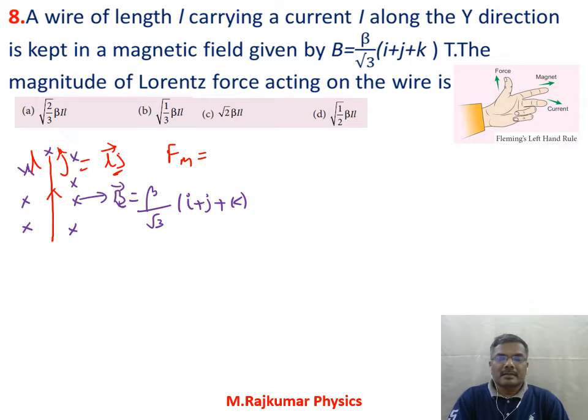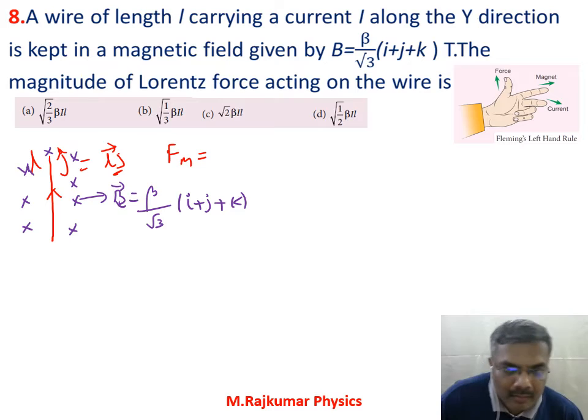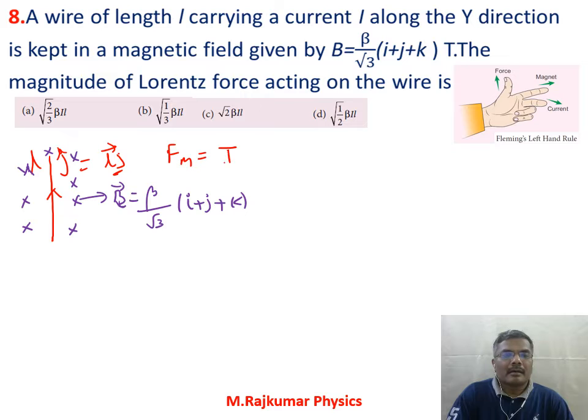So as per the Lorentz force, the force created on the wire will be I L cross B vector. So this is a cross product of current into length of the wire and B vector.